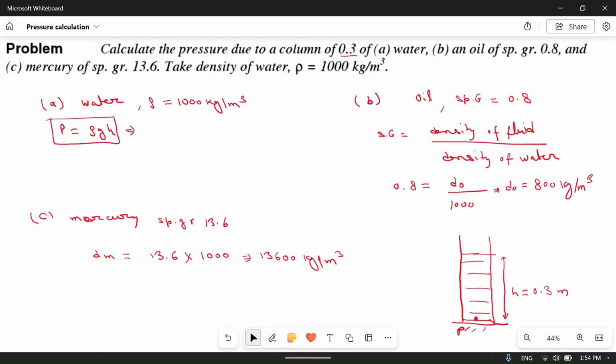Due to depth variation or variation in the height inside a static fluid which is not pressurized from outside, the pressure will be rho g h, where rho is density, g is acceleration due to gravity, which is 9.81 meter per second square for earth, and h is height of the column.